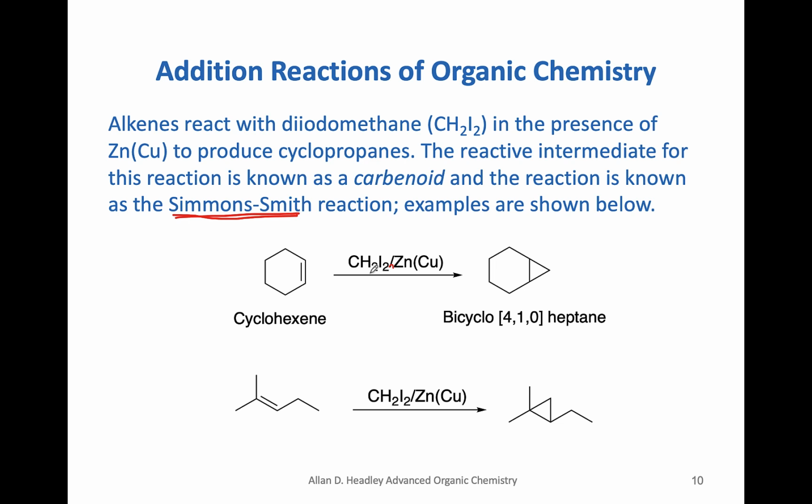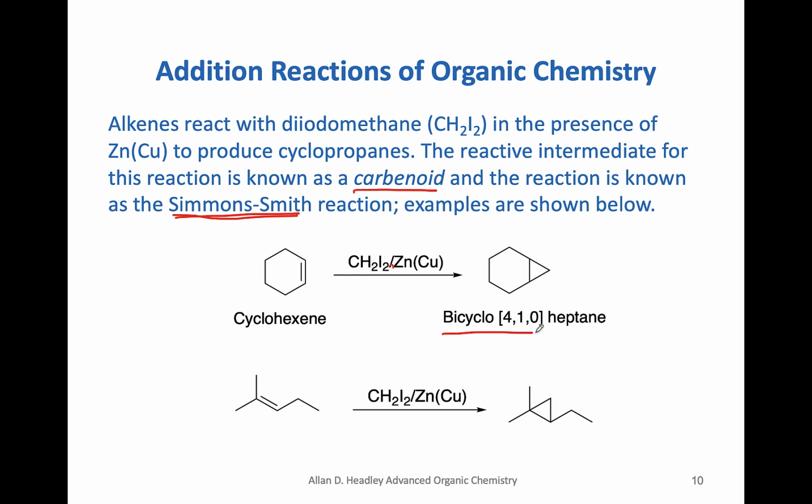In the Simmons-Smith reaction, we have CH2I2 in the presence of zinc and copper. What's generated here is not really the active carbene, but a carbenoid, which behaves much like a carbene, to add right across here to get this.